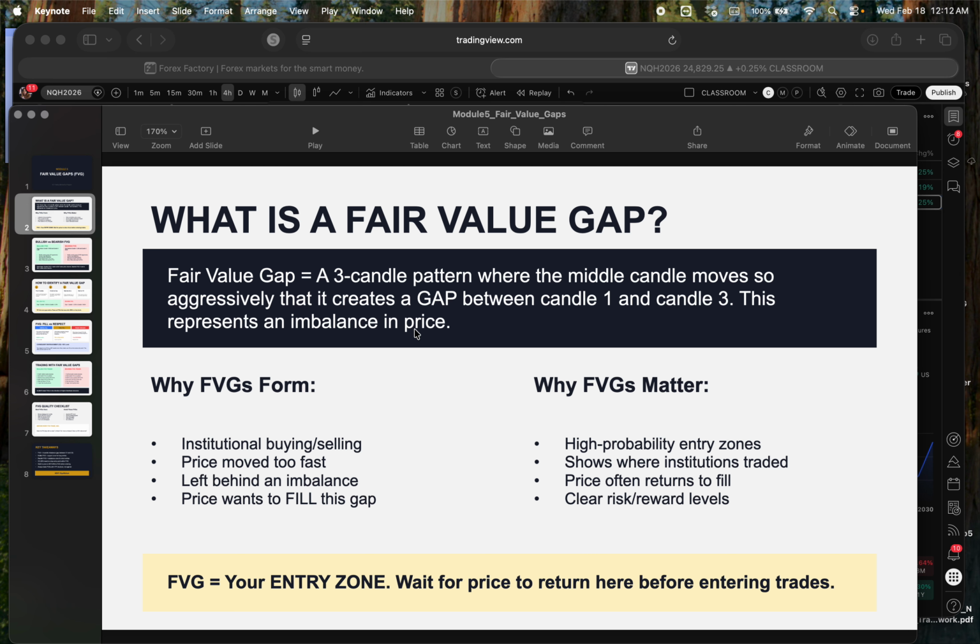I've put that there is a high probability entry zone, meaning that if a fourth or a fifth or a sixth or a 10th or a 20th candle after that third candle enters into that gap and closes in the direction that you want to trade, you're going to have a high probability of entering and making money, basically. Looking for those fair value gaps lets you know that you're trading like a professional.